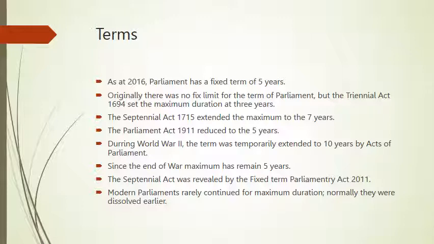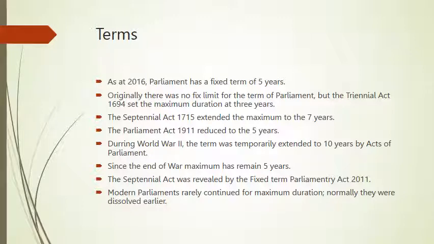Now we will see the terms and conditions for the British Parliament. As at 2016, Parliament has fixed terms of 5 years. Originally, there was no fixed limit for the term of Parliament, but the Triennial Act 1694 set the maximum duration at 3 years.